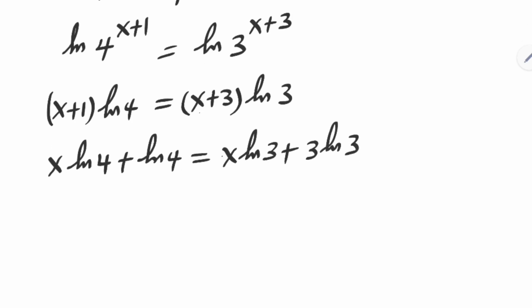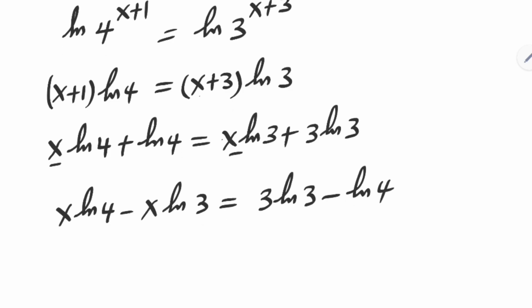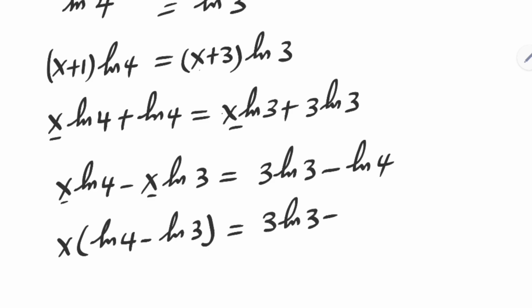Let us collect like terms. We have x here and x here. This is x ln of 4 minus x ln of 3 is equal to 3 ln of 3 minus ln of 4. Now x is common here. Let's factor it out. We have x bracket ln of 4 minus ln of 3 is equal to 3 ln of 3 minus ln of 4.